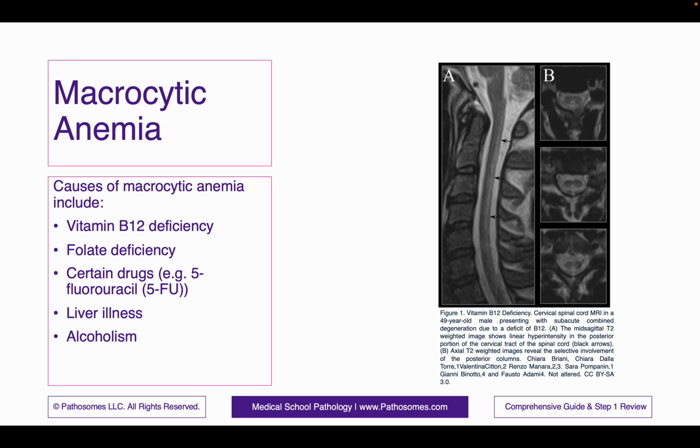Causes of macrocytic anemia include vitamin B12 deficiency, folate deficiency, certain drugs like 5-fluorouracil, liver illness, and alcoholism. Now, you've probably seen 5-FU, 5-fluorouracil, in some section in your studies up to this point related to treating certain types of cancers.